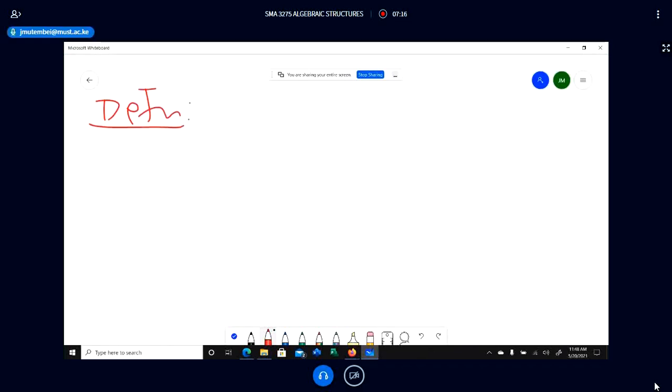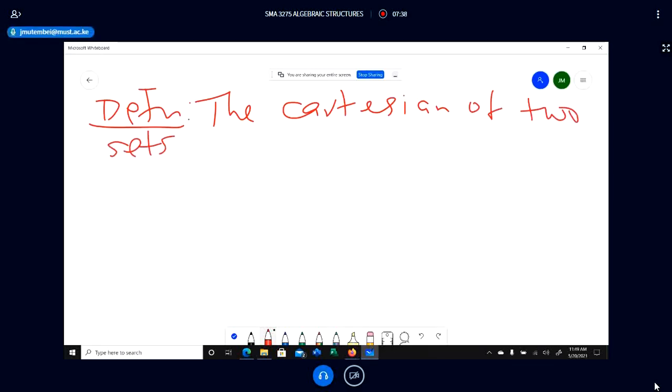Another definition: we can say that the Cartesian product of two sets, say A and B, is the set of all ordered pairs.